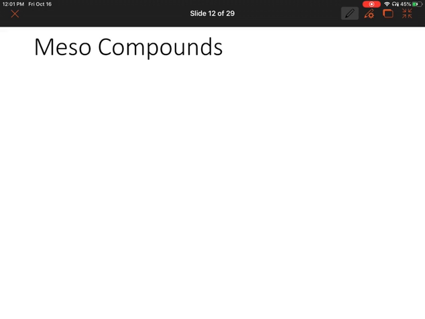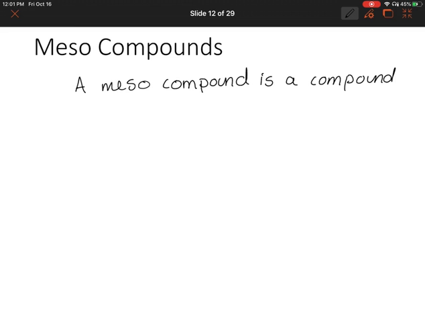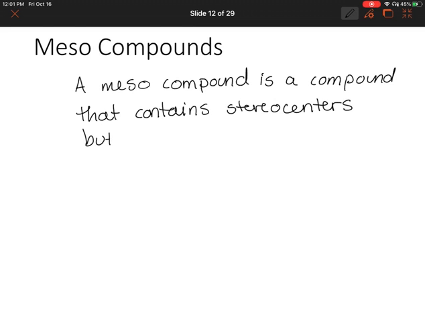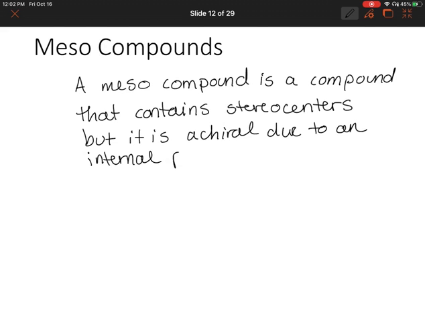A meso compound is a compound that contains stereocenters, but it is achiral due to an internal plane of symmetry.